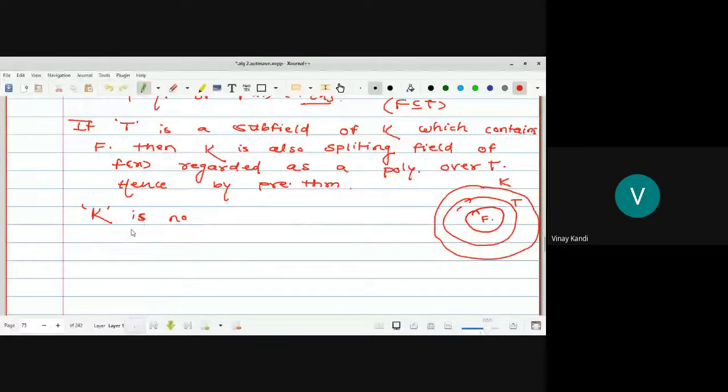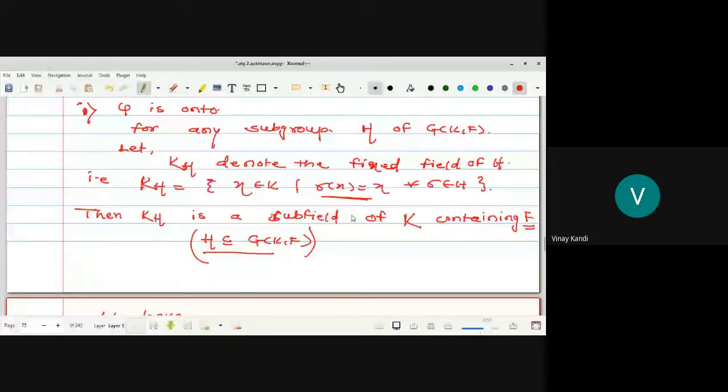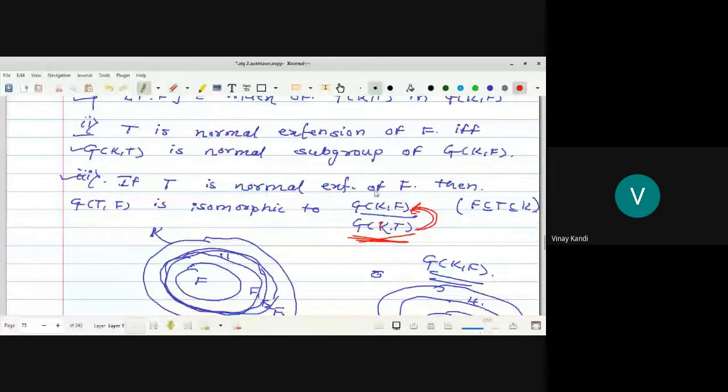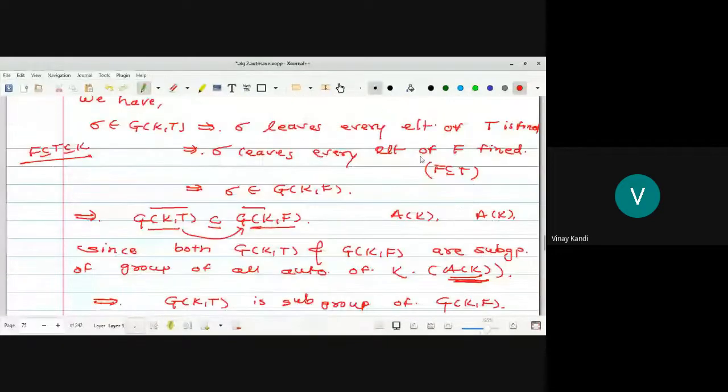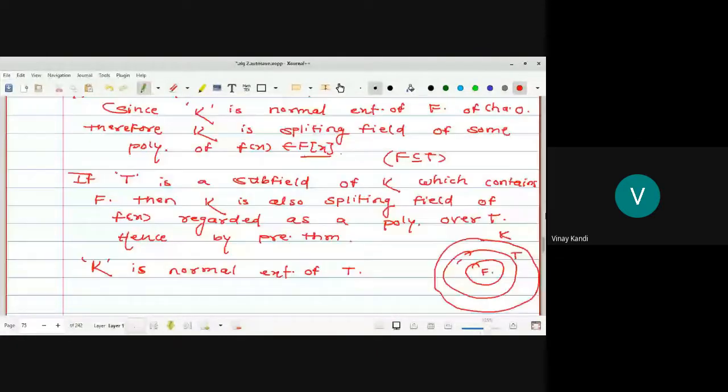Normal extension of capital T, by this theorem. Now T is a subfield of K which contains F. So here K is the splitting field of f of x belonging to T of x. Okay, hence f of x belongs to T of x.